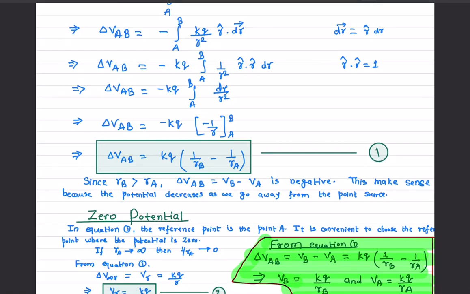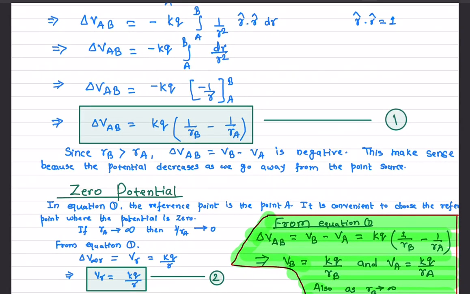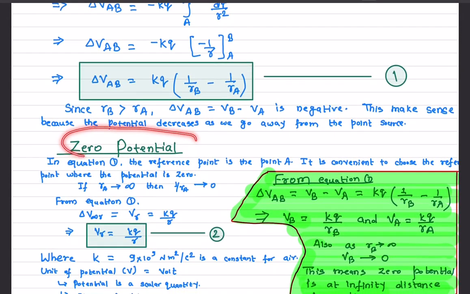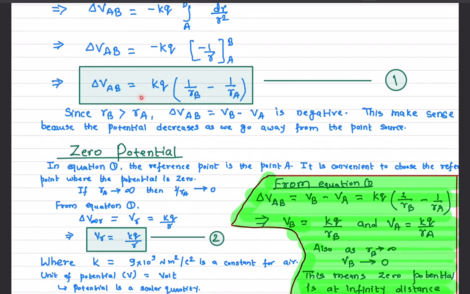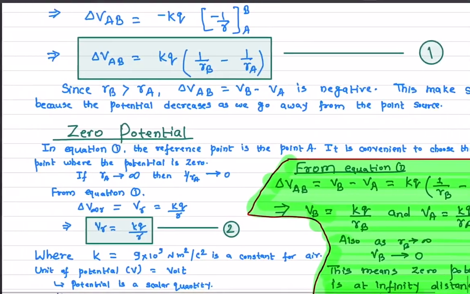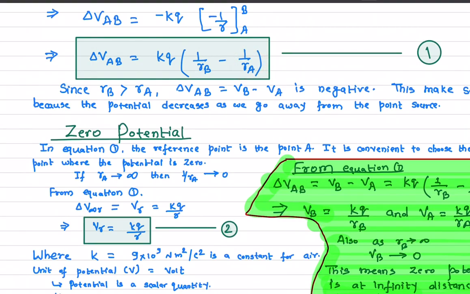So then what is the zero potential? The zero potential is defined when we go very, very far from the charge, infinitely far from the point charge. That is called the zero potential. So in this case, we're going to define zero potential if RA tends to infinity. If RA tends to infinity, then what we get from this equation is simply kq over r.